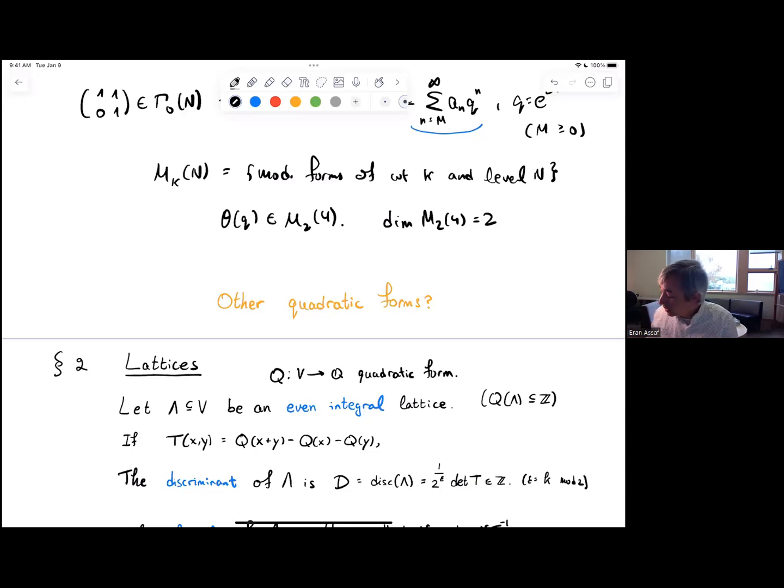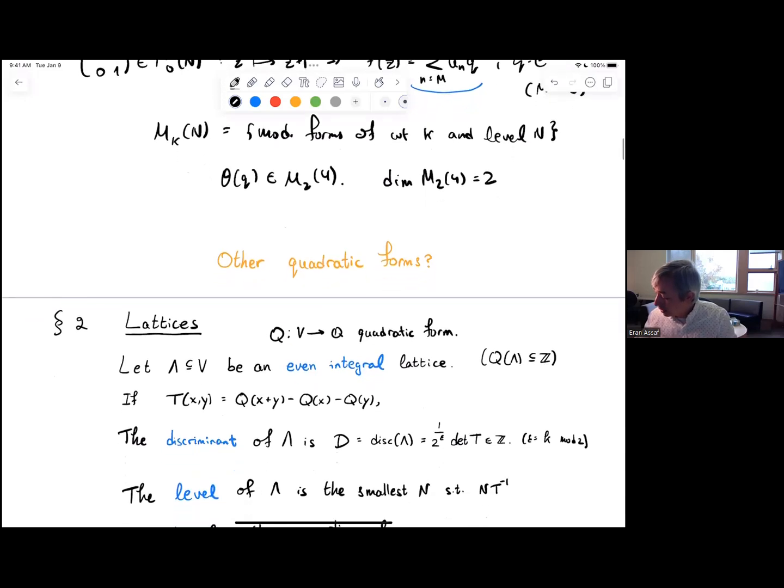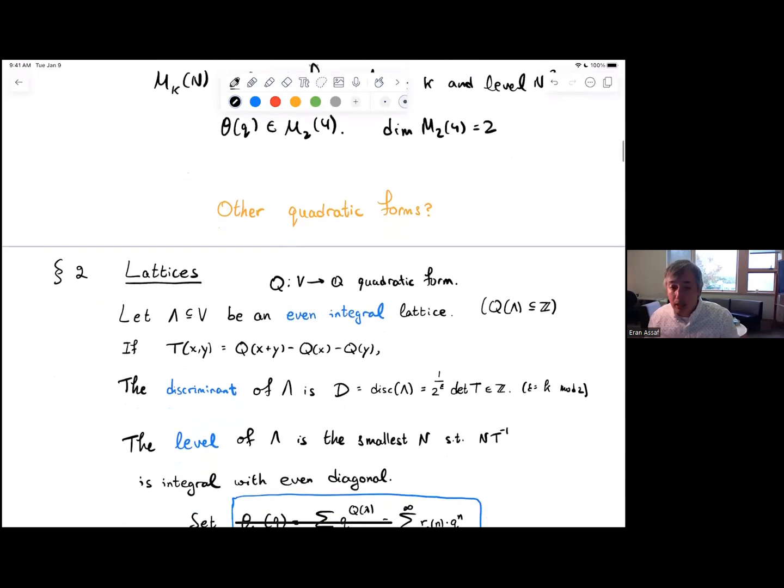The discriminant of the lattice is the determinant of this associated bilinear form, up to a factor of 2 if our dimension is odd. The level is the smallest number such that if we multiply the inverse of this form by it, we get something integral with even diagonal.